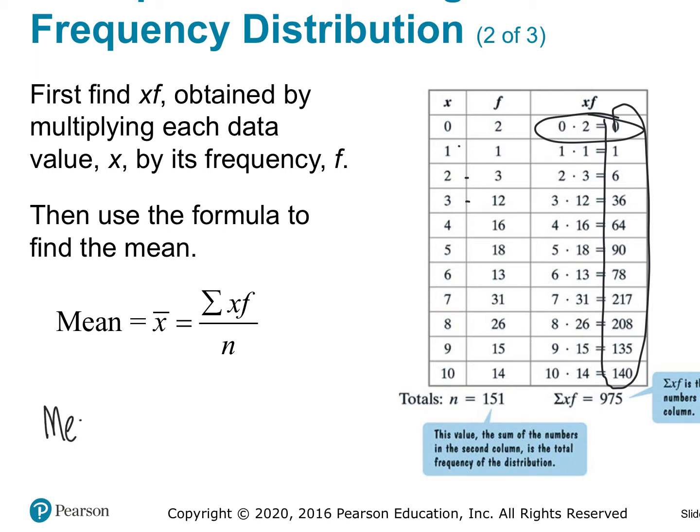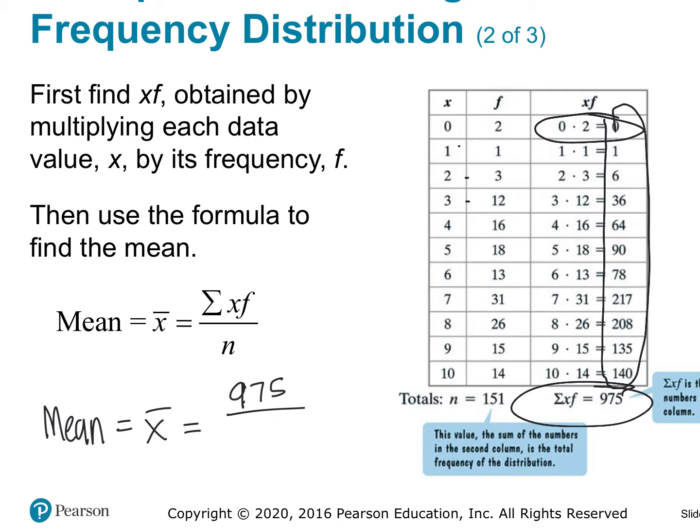So 975 is our frequency sum. So we add up all those numbers together: 1 plus 6 plus 36 plus 64 plus 90 plus 78 plus 217 plus 208 plus 135 plus 140. And they total to be that 975.